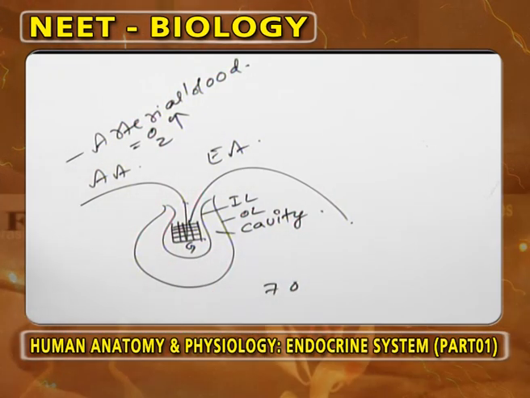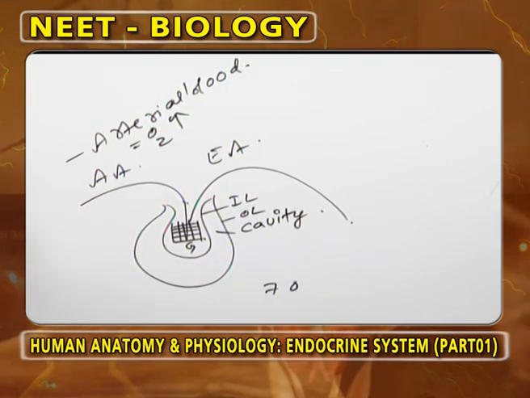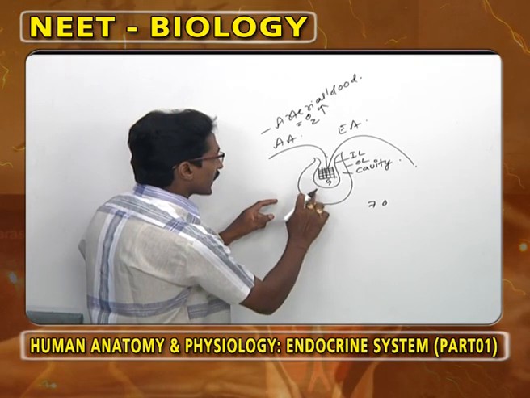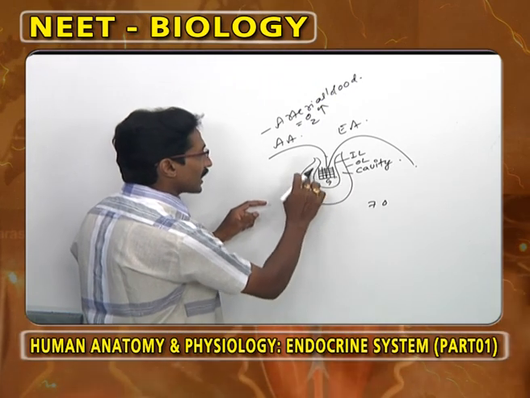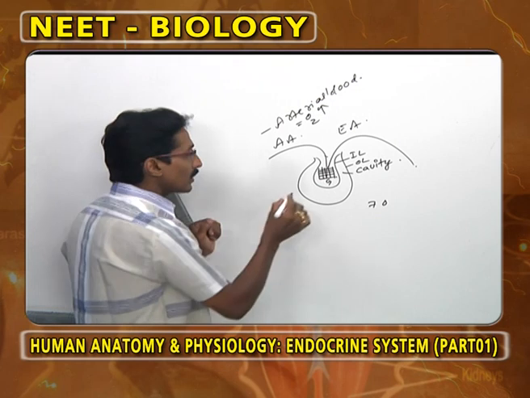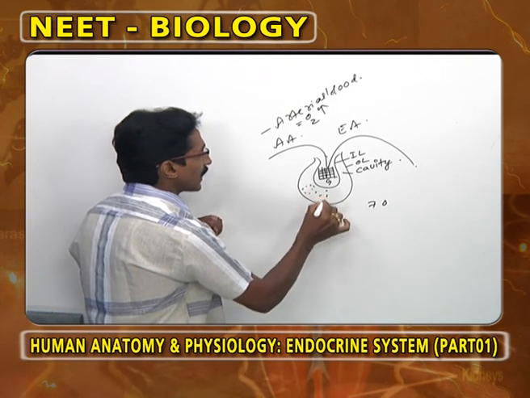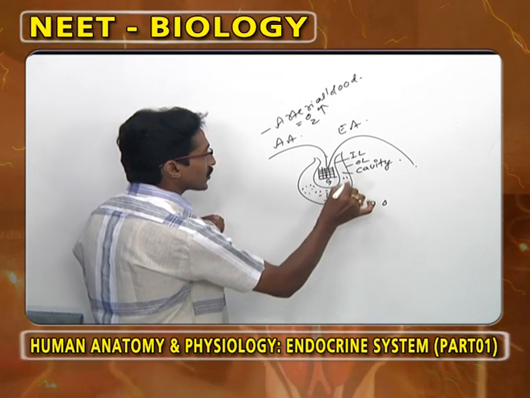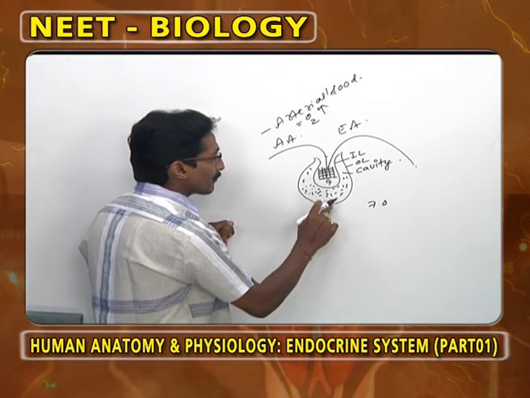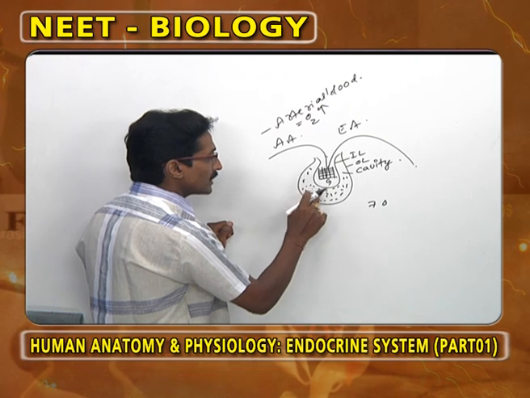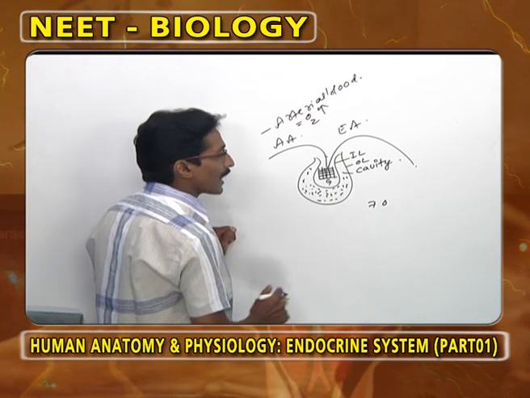That is 70 mmHg. Now this one we call the lumen of Bowman's capsule or the cavity of Bowman's capsule. It is filled with cortical fluid or tissue fluid of the cortex. Now what is the pressure of the fluid present in this capsule?